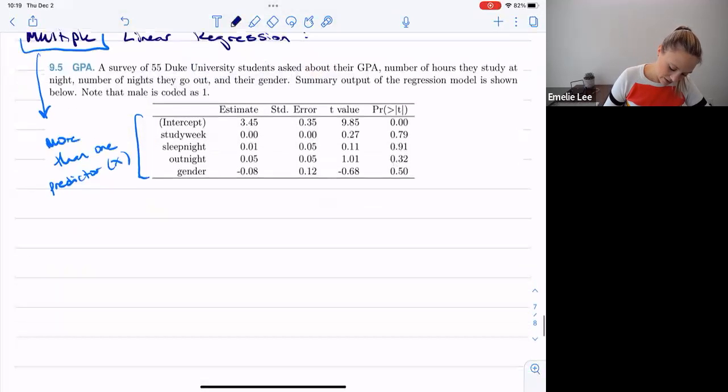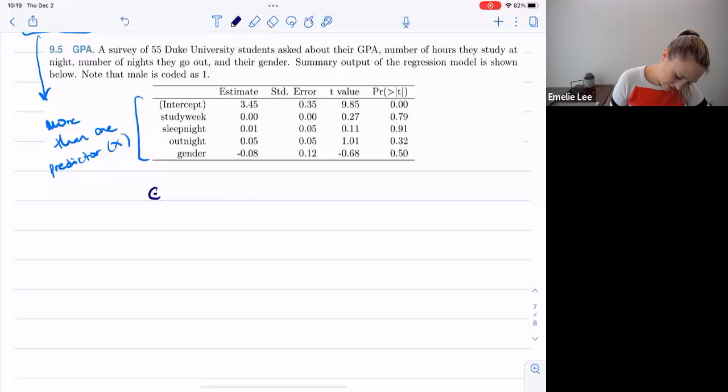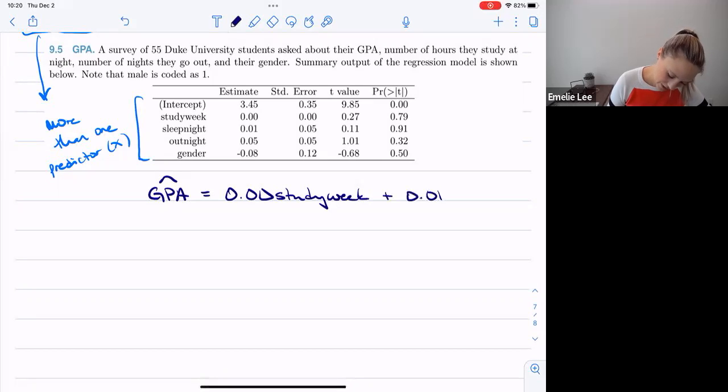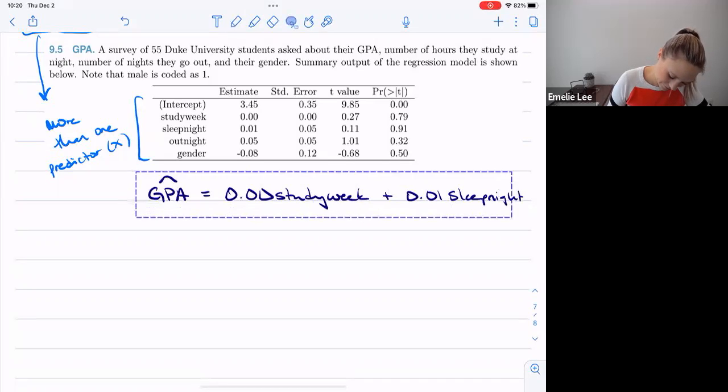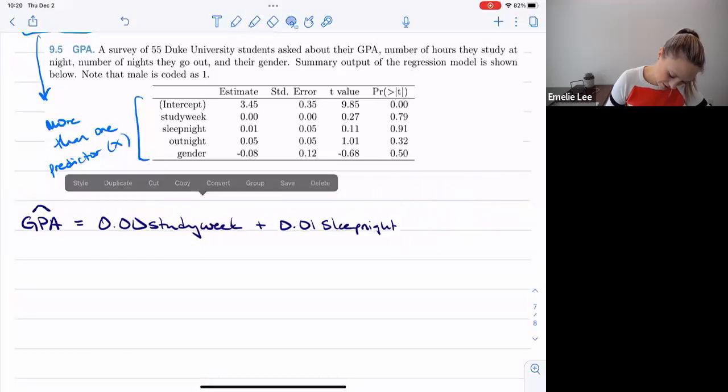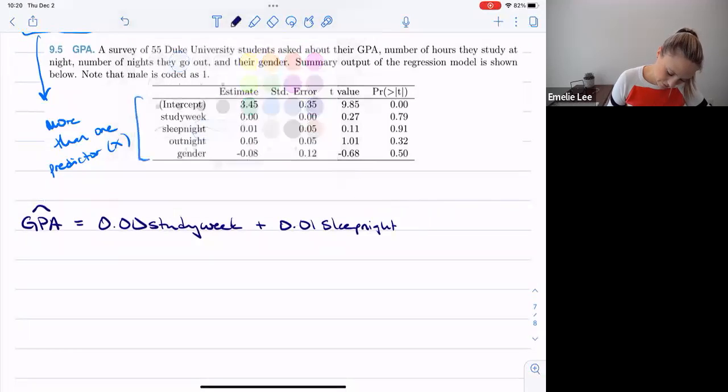So what we have is the GPA, which we're trying to predict, is a function of 0.00 times the study week. Maybe I picked a bad one. Plus 0.01 times the sleep night, plus 0.05 times the out, and minus 0.08 times the gender.